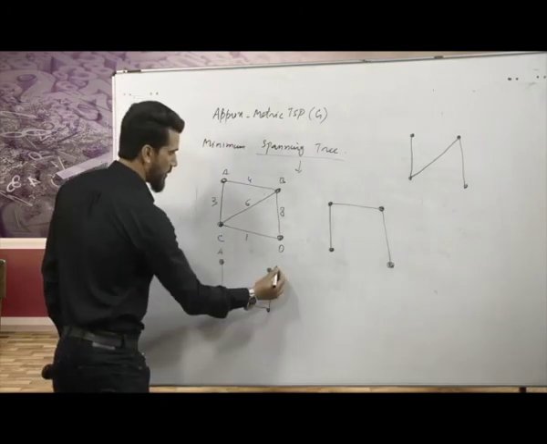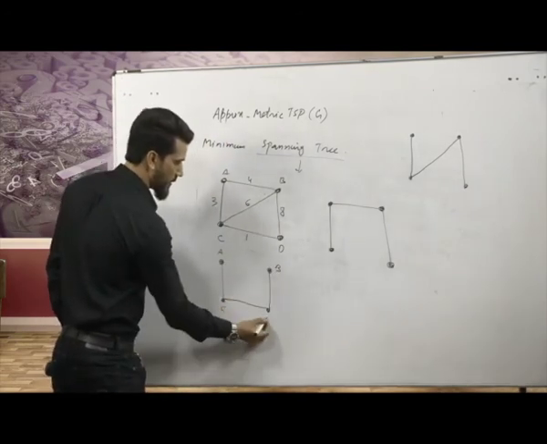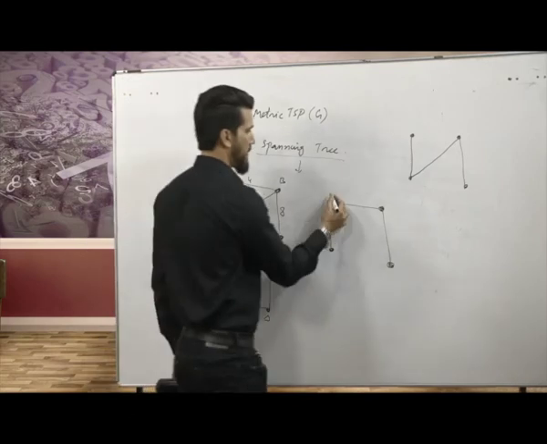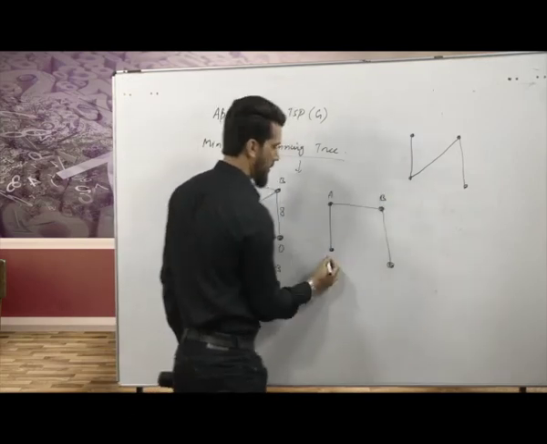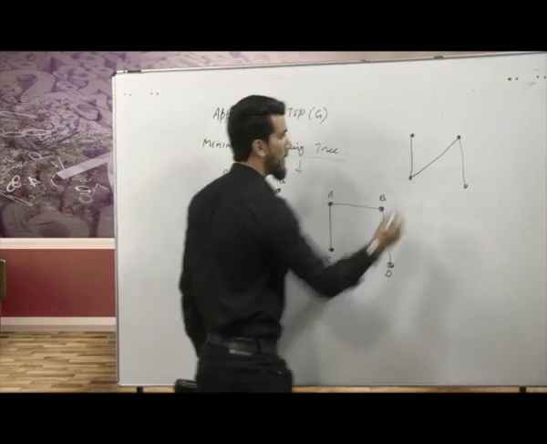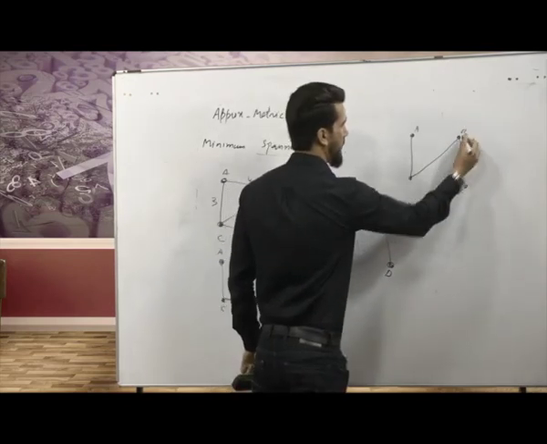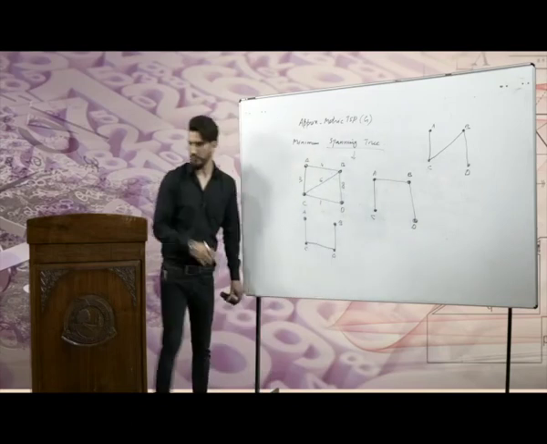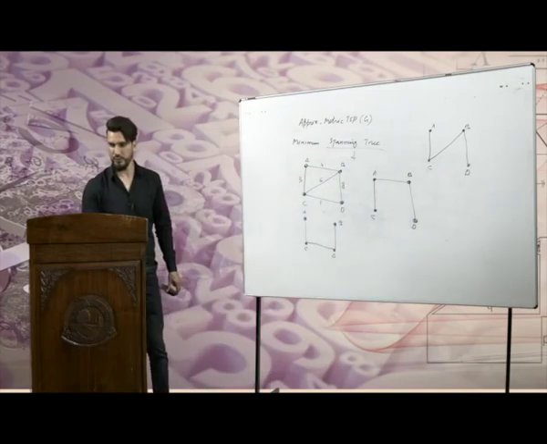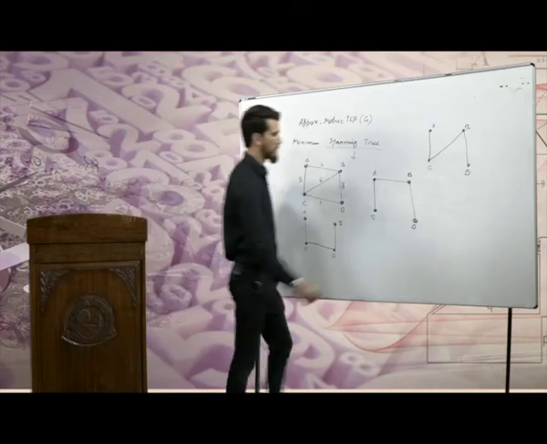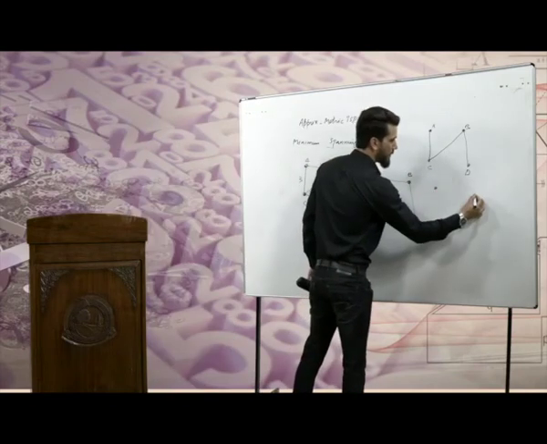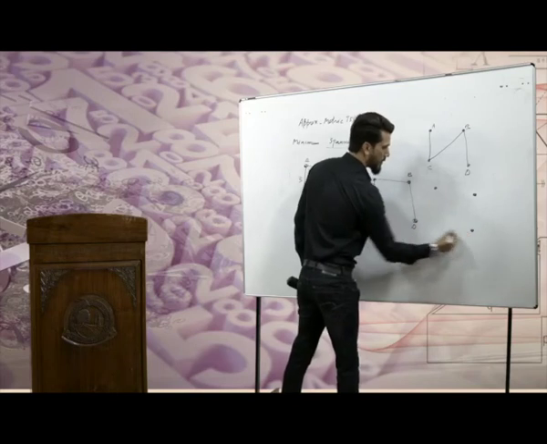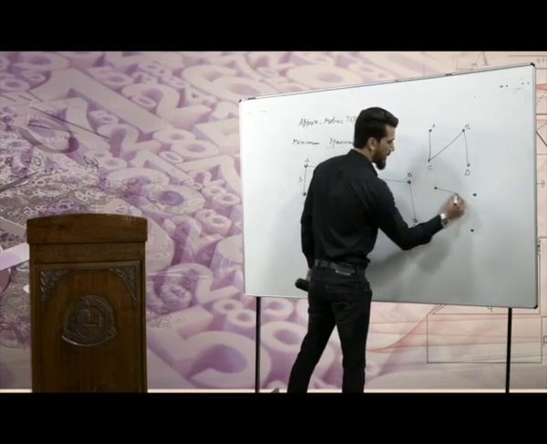It's A, B, C, and D. This is A, B, C, and D. This is our A, B, C, and D. So one more possibility, one more spanning tree.